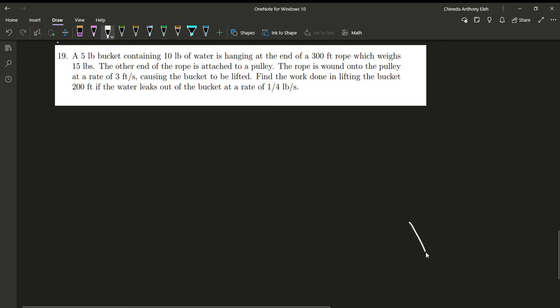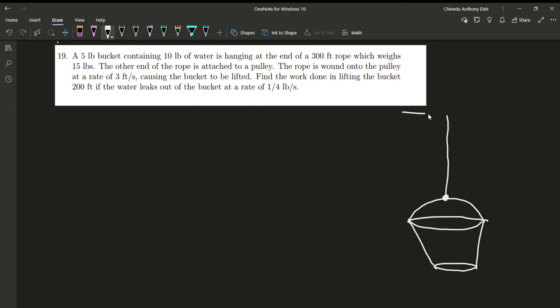So as before, it helps to draw something to visualize what we're doing. So this is kind of the setting. Here we are told we have a pulley. This is actually attached to a pulley.